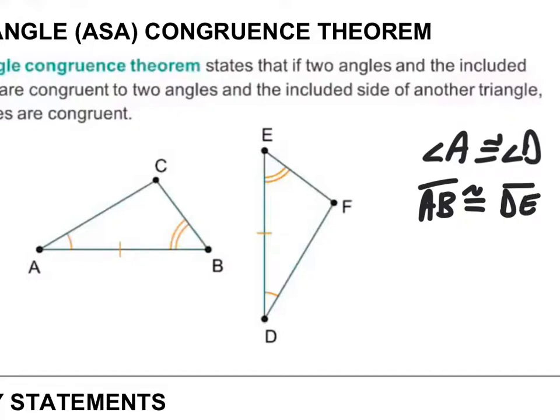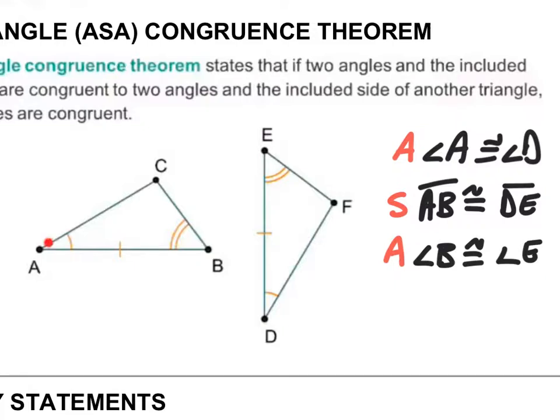The other thing I know is that angle B is congruent to angle E. Now, what I have here, guys, is a pair of angle measures that are congruent, a pair of sides that are congruent, and another pair of angles that are congruent.